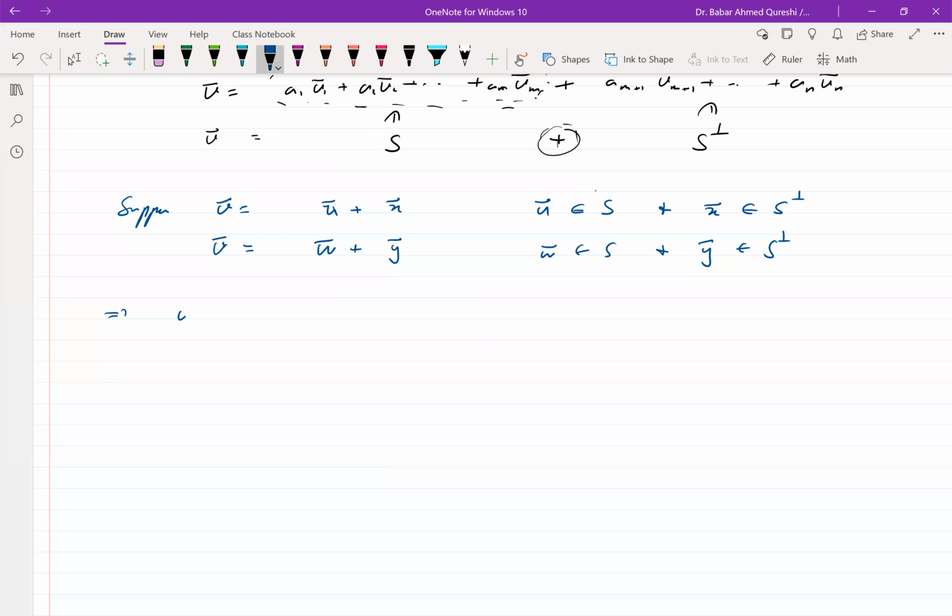But that means U plus X is W plus Y, and U minus W is Y minus X. But both U and W belong to S, so their linear combination also belongs to S. And Y belongs to S complement, and X belongs to S complement, so their linear combination also belongs to S complement.